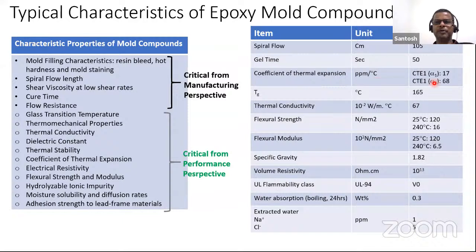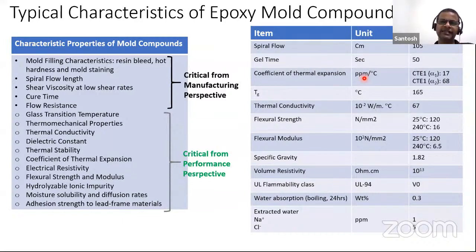So we have two properties, alpha 1 and alpha 2. Basically, this is related to the Tg, glass transition temperature. The glass transition temperature basically distinguishes polymeric materials. It's a very important property. Basically, it's a boundary between glassy and rubbery phase. So the material behaves very differently in the glassy phase compared to the rubbery phase.